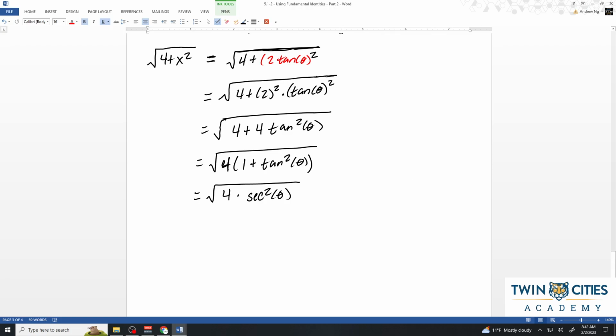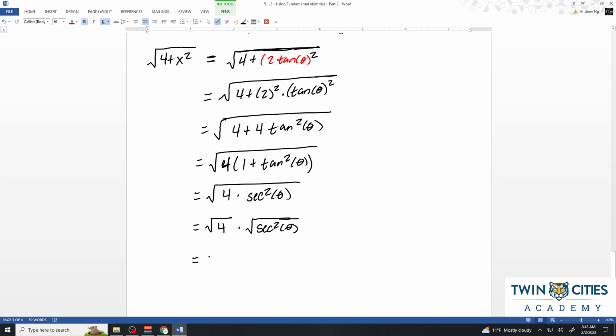And then, because I'm taking the square root of two things that are multiplied together, I can break that up into 2 separate square roots. This is the same as the square root of 4 times the square root of secant squared. Now just take the square root of each of these individually.